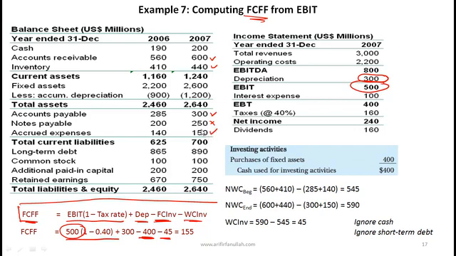So the simple way to deal with things like notes payable, anything on which you are paying interest, be it short term or long term, would not be considered part of working capital. So all these things that I have ticked, these are the items that you consider as part of your working capital. So at the end of the year, your working capital was 600 plus 440. That was your current assets.